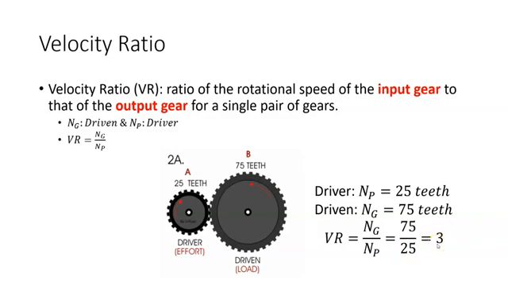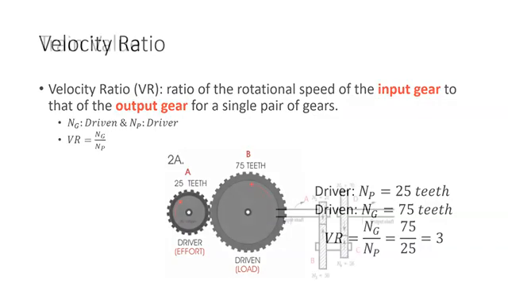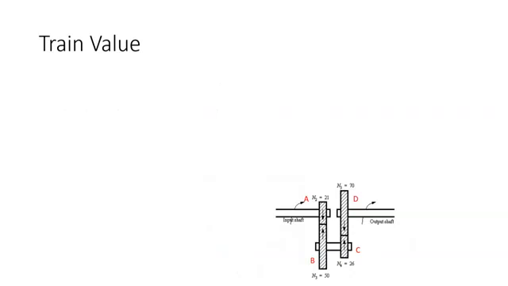And that 3 is going to be the multiplier for knowing how much the speed changes or how much the torque changes. When we think about train value, we're looking at the same concept. It's a multiplier, but now we're looking at a whole gear train, not just a pair of gears.